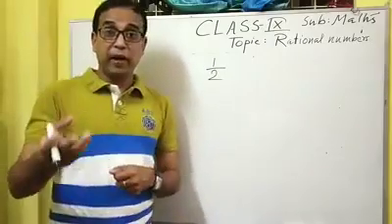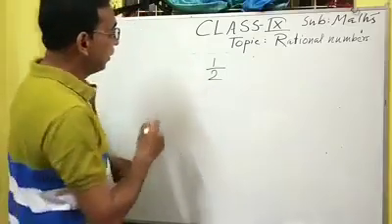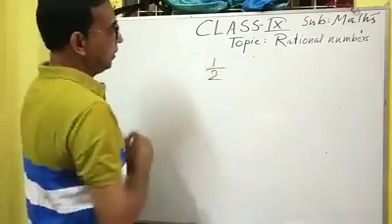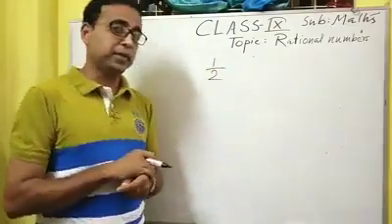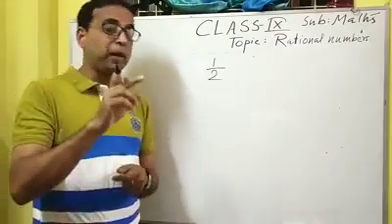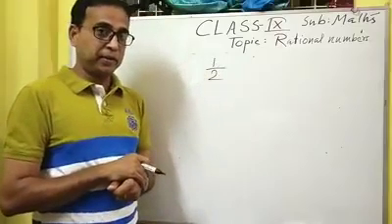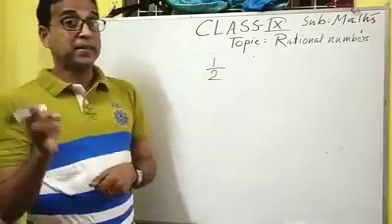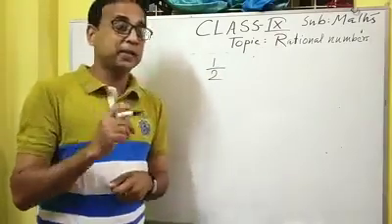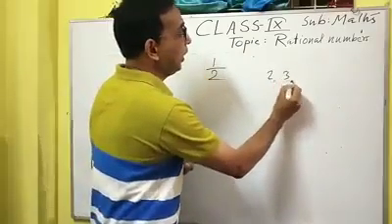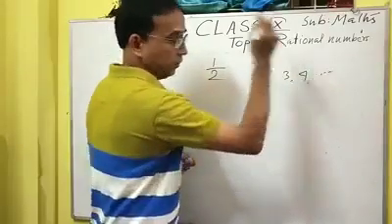How can I find it? To find equivalent rational numbers, we have to multiply both the integers by the same numbers like 2, 3, 4, and so on.